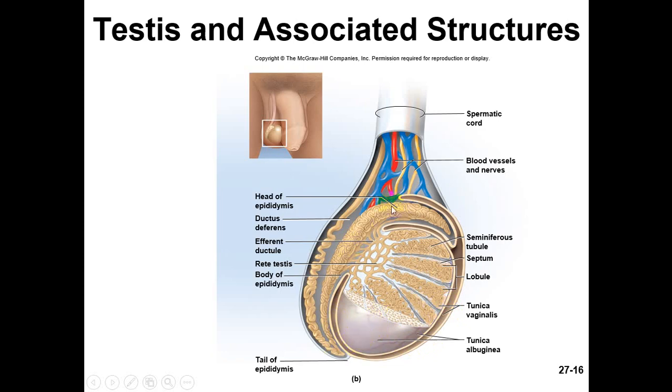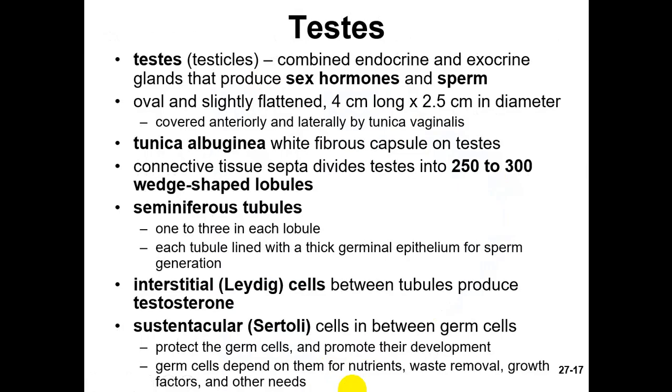Then we have the epididymis at the back of the testis, and the vas deferens also. Let's go back. The tunica albuginea is a white fibrous capsule on the testis. Connective tissue septa divide the testis into 250 to 300 wedge-shaped lobules.